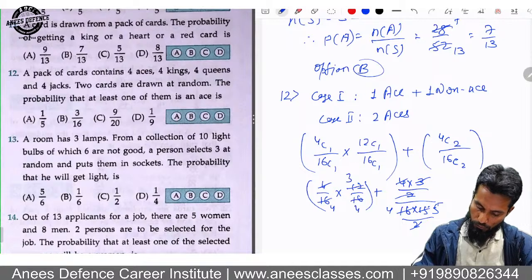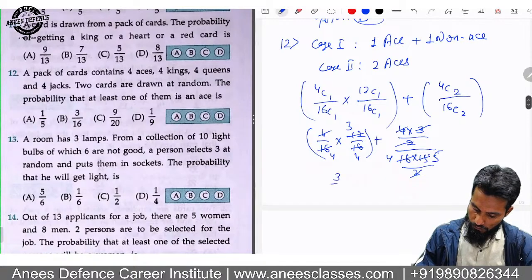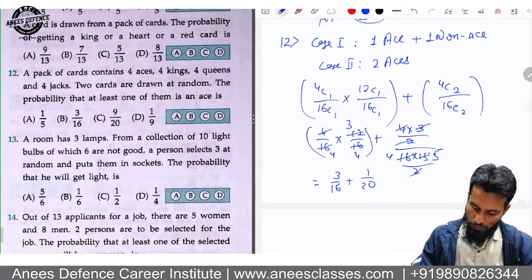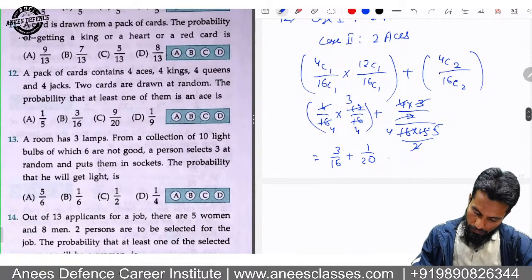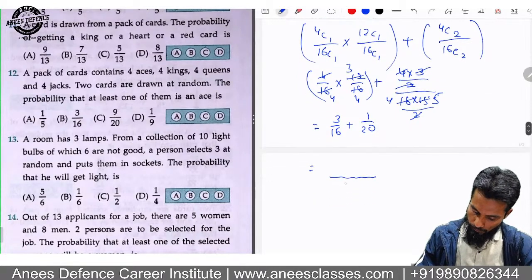So what is the total value? 3 by 16 plus 1 by 20. Add it, take the LCM, 16 and 20, 80. 5 into 3, 15, plus 4, 19 by 80.